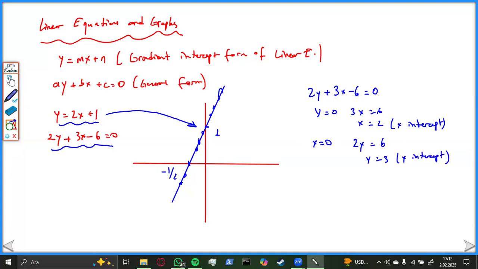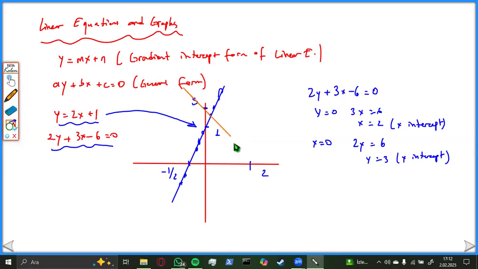By using this x and y-intercept, let me show you here. Assume that y is 3, and assume that x is 2. So yes, this is your line for that equation.